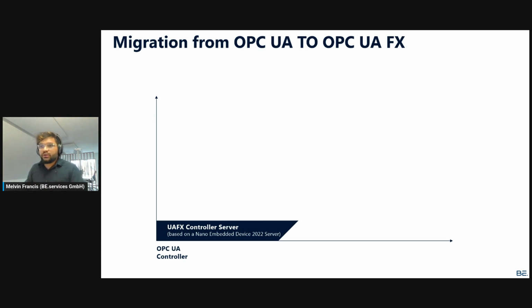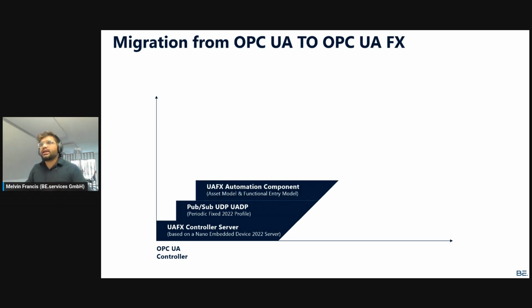So first, what you have to do is implement a UAFX controller server based on the nano embedded device profile. Then you should have the PubSub UDP UADP periodic fixed 2022 profile. Then the UAFX automation component, asset model and functional entity concept should be implemented. And OPC UA safety is an optional thing.